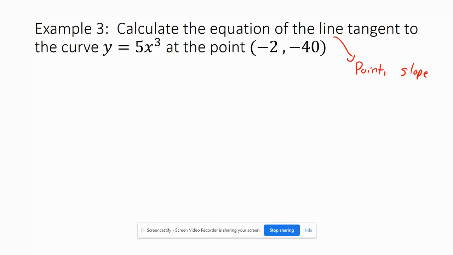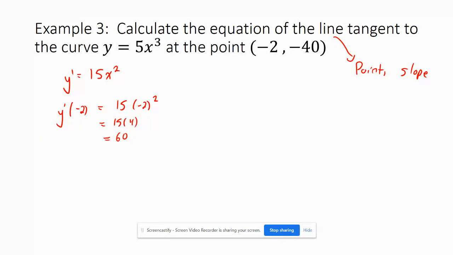So the curve y equals 5x cubed, we're going to start by taking a derivative. y prime equals 15x squared. So that's what our derivative is going to be. Now, what this gives you is a function that gives you slopes of tangent lines. So if I go y prime at negative 2, it's equal to 15 times negative 2 squared, which is 15 times 4, which is 60.